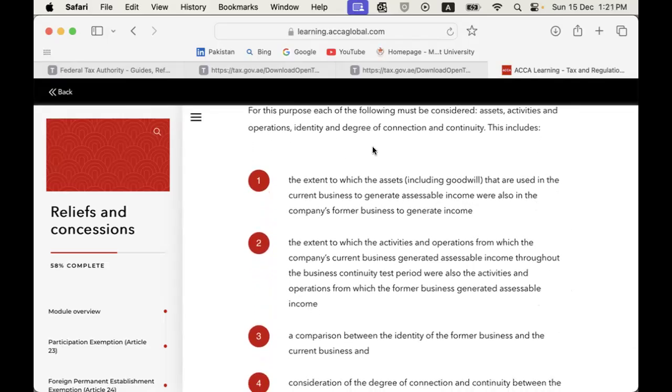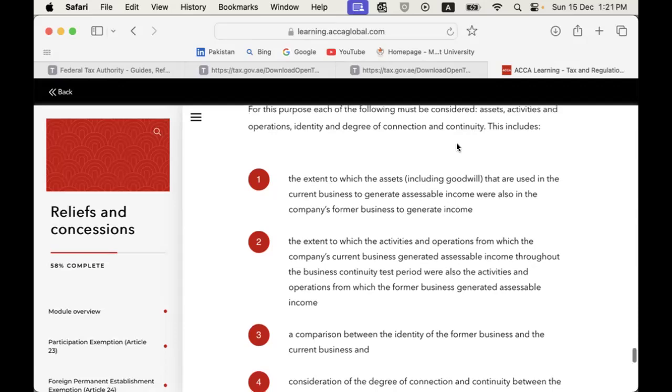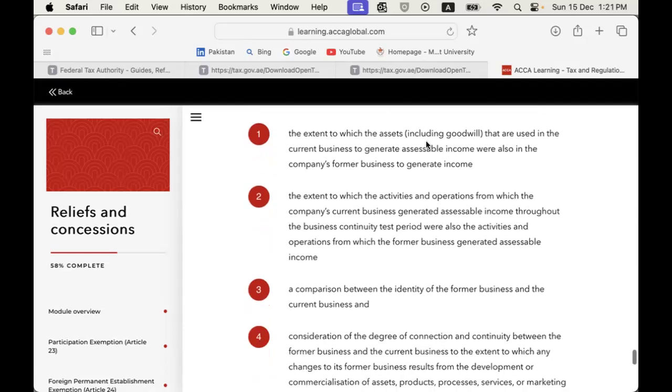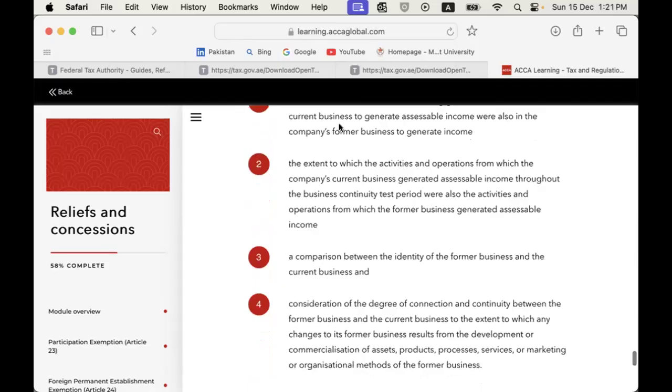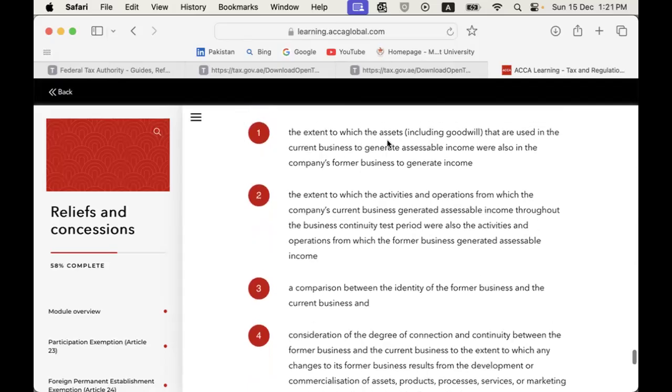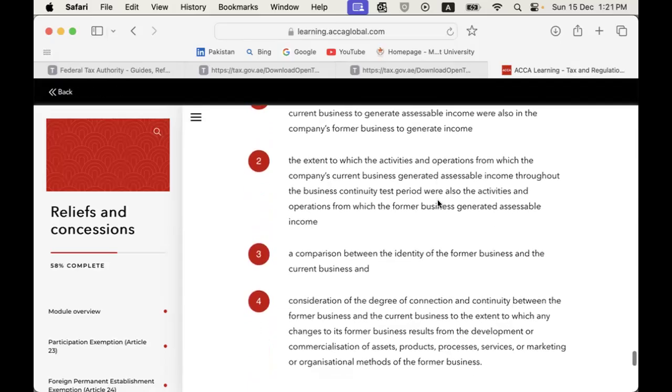For this purpose, each of the following must be considered: assets, activities and operations, identity, degree of connection and continuity. And these include what? The extent to which the assets, including goodwill, that are used in the current business to generate assessable income, were also in the company's former business. So, same assets, even goodwill was there to run the operations.